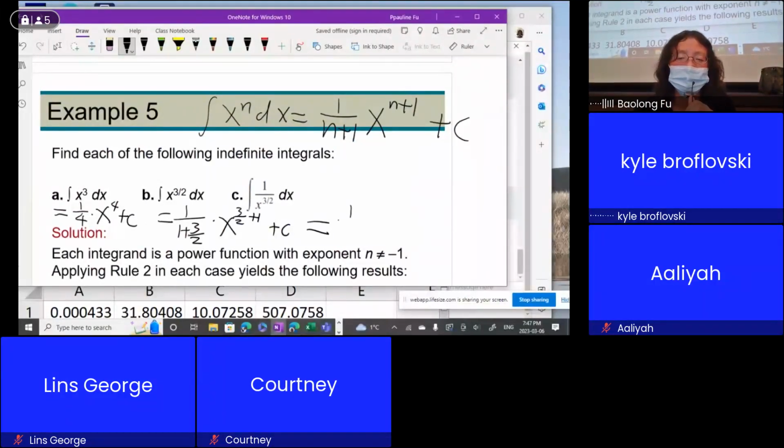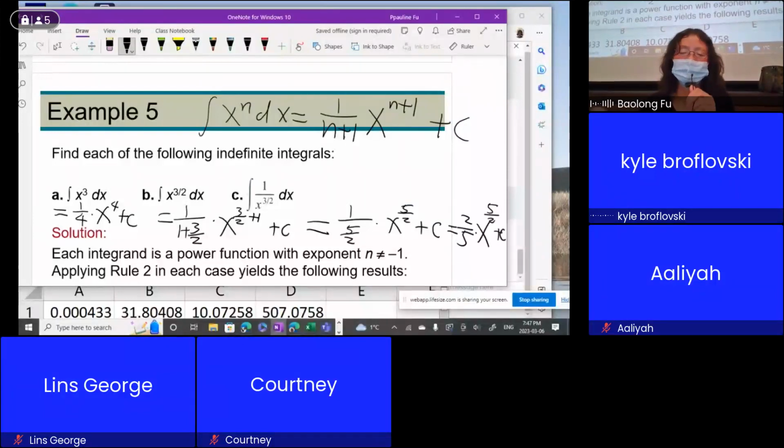So equal to 1 over 5 over 2 times x raised to power 5 over 2 plus c, equal to 2 over 5 x raised to power 5 over 2 plus c. That is B. Questions?